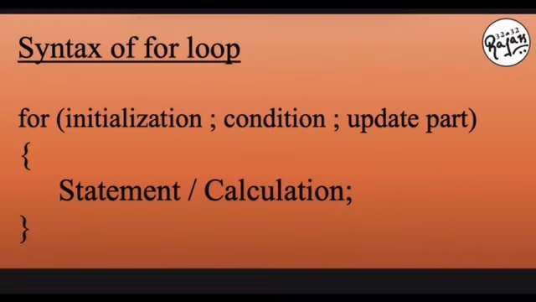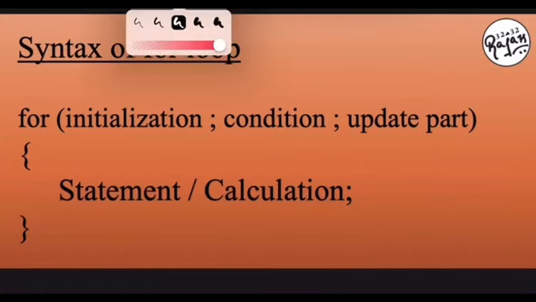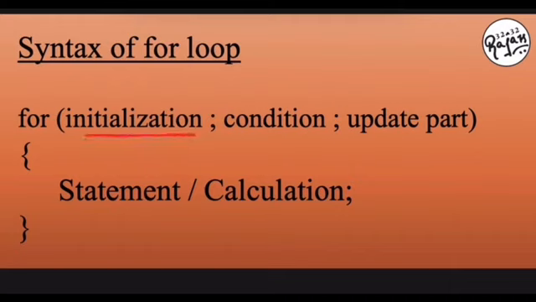Here in front of you, you can see the syntax of for loop, which consists of initialization, condition, update part, statement or calculation. It always starts from the initialization part, and after initializing the value, it goes to the condition part.